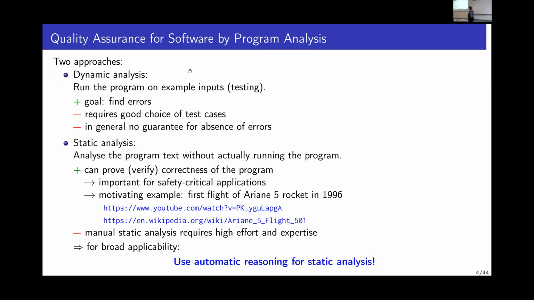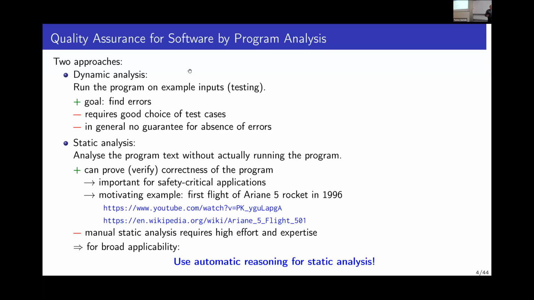You're probably aware of the first flight of the Ariane 5 rocket, which triggered stronger interest in static analysis, and in particular in automating the static analysis. Because back then, they had cut corners in the analysis. Having an expert verify program code is expensive.